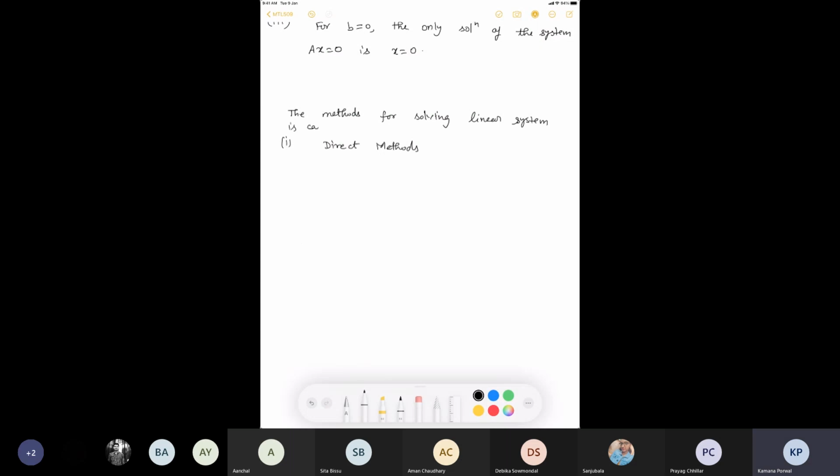I'm categorizing them into two classes. First, the direct methods. Second, iterative methods.